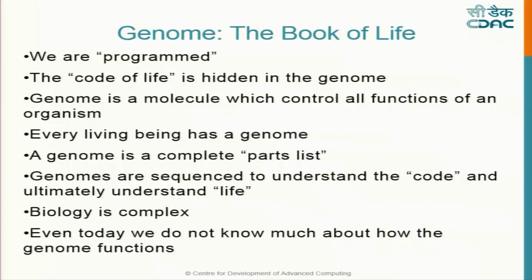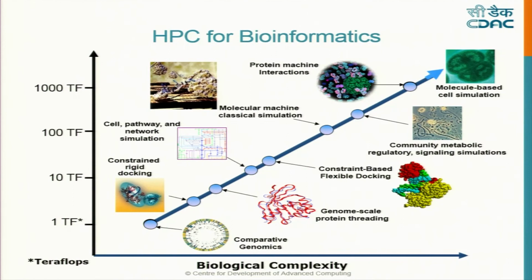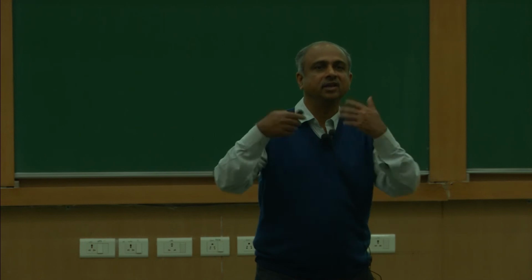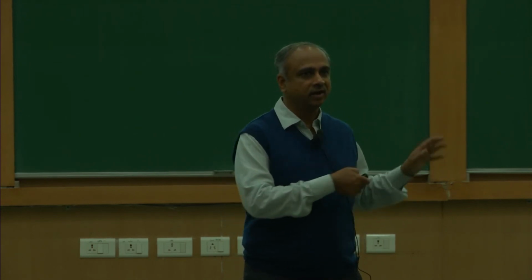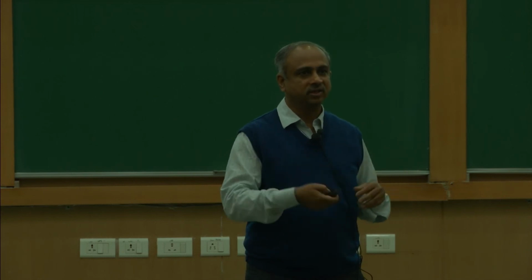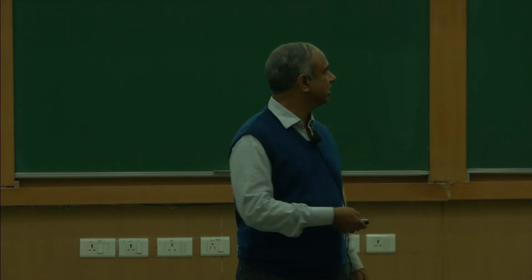So all that is because there is HPC and we have bioinformatics. So this slide tells that given the increasing number of petaflops or teraflops that you have, what else can you do with it? Bioinformatics is one of the fields where any amount of compute power you give, the scientists are able to consume it because they can do simulations and other things at a finer and finer level.